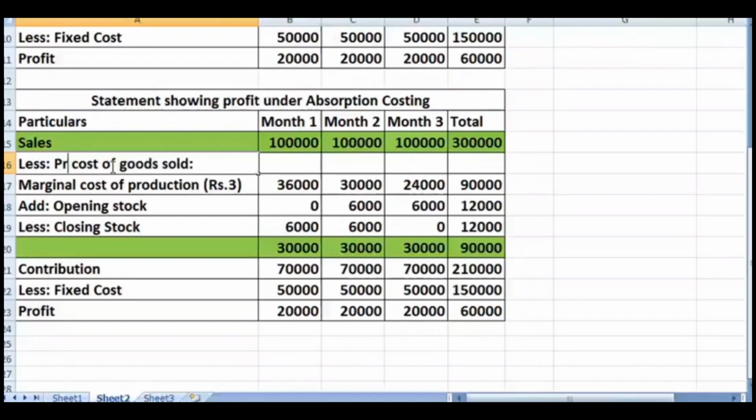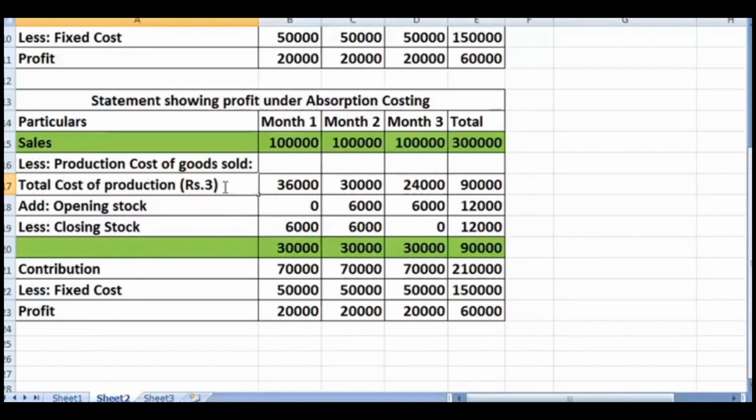Instead of marginal cost, total cost of production. So what total cost is considered here? That is the important information. Total cost of production. Tell me.